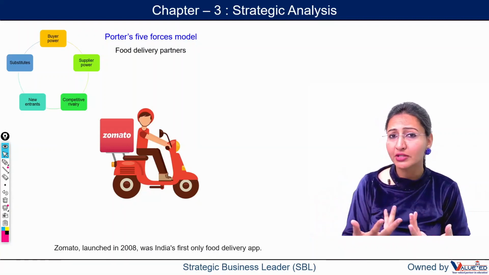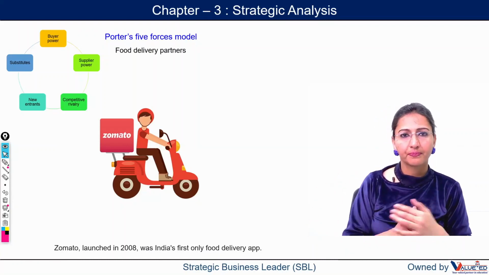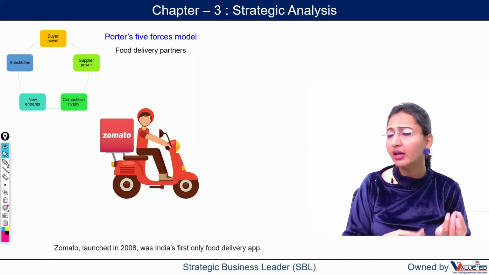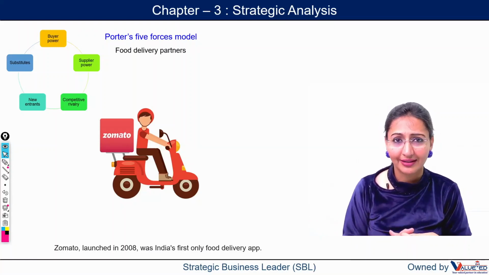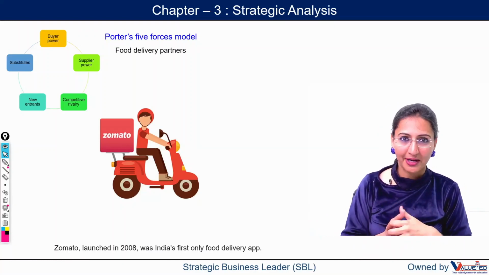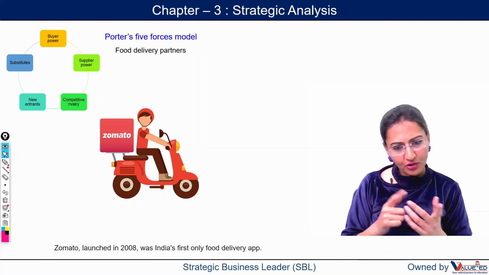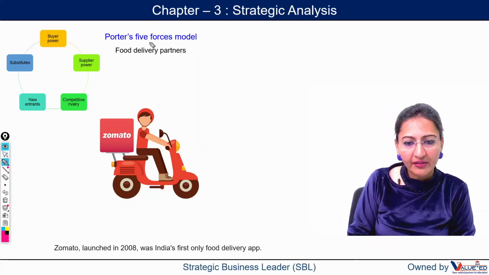Zomato changed the whole scenario. You want to eat from Haldiram's? We deliver. You want to eat from Bikaner Wala? We deliver. So the pioneer was Zomato, 2008. Now let's see Zomato's journey considering the five forces model.